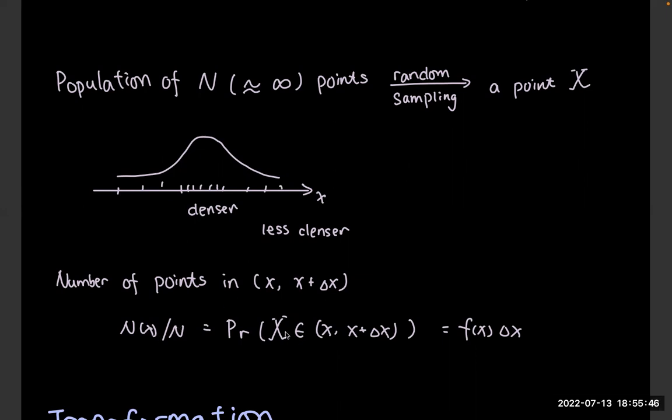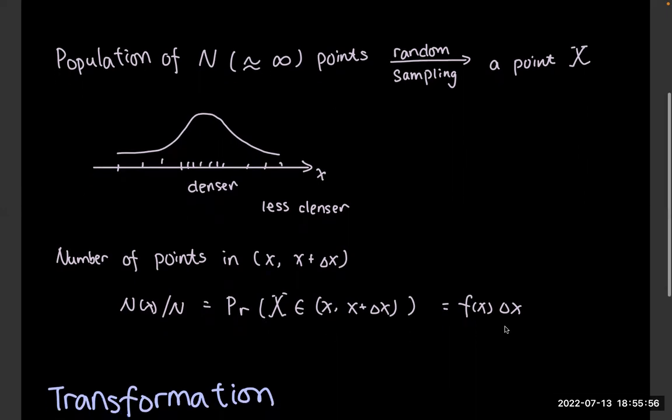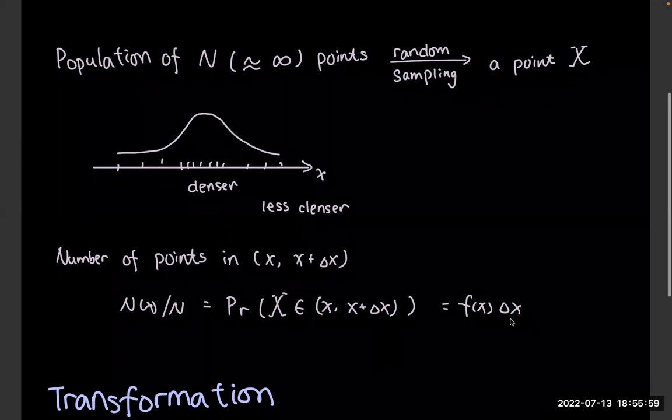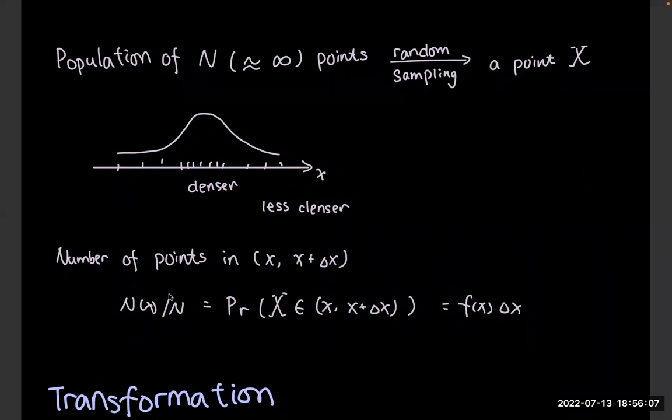So under random sampling, the probability that X belongs to this small bin will be the population proportion of this small bin. So this gives us this probability, and this probability equals f of x times delta x, according to how we define this density. So even before sampling, this population proportion is f of x delta x.